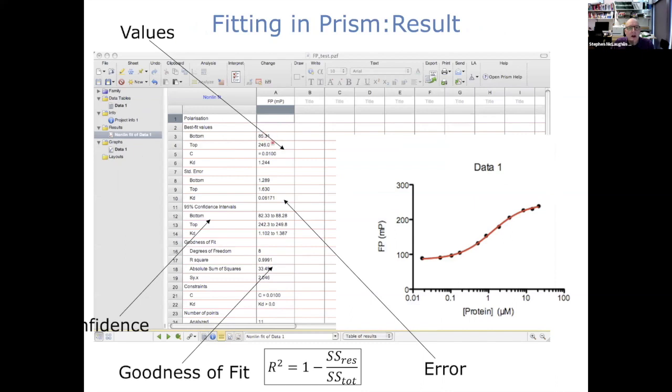And again, this is going to be the values and also the standard error of the fit. It gives you confidence levels, so where this value, say, of the top will lie between. And if it's quite narrow, then okay, that's well constrained. And this gives you the R squared here of how good the fit is to the data.